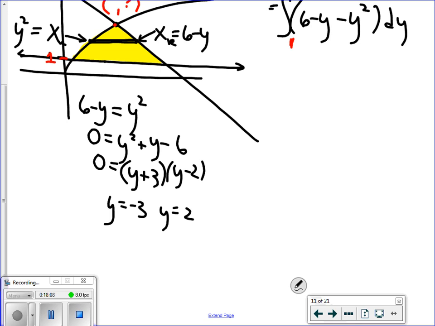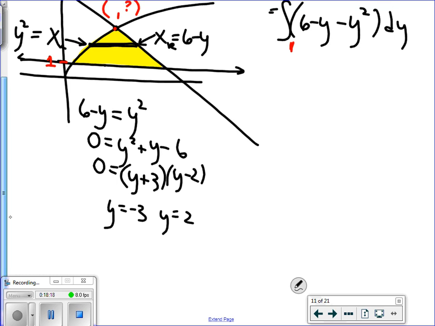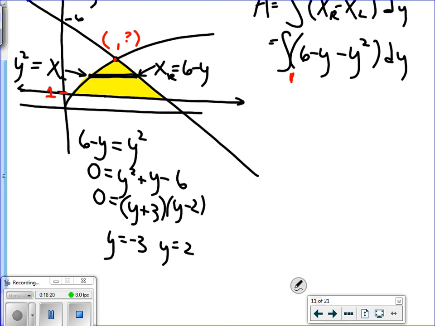The reason we're getting two values is because if we had continued and drawn the whole parabola, the line would have intersected with the parabola at negative 3 also. But the part we're interested in is this upper part. So the upper limit of integration is this one. So y equals 2.